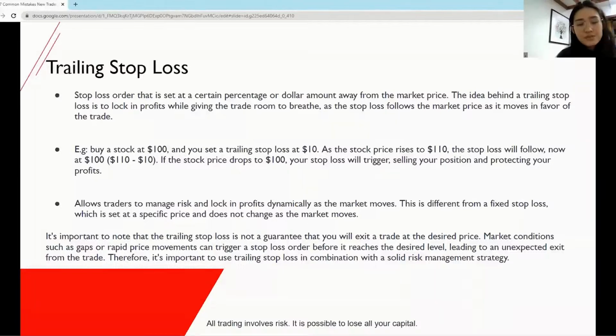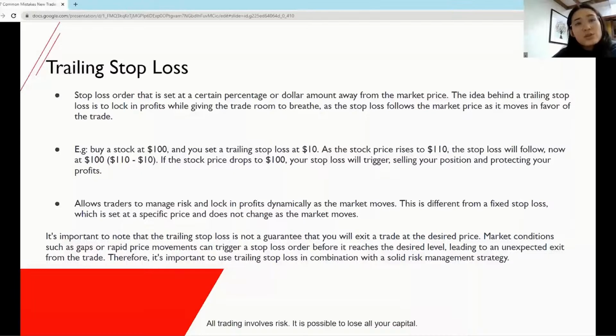So here's how it works. Let's say you buy a stock at $100 and you set a trailing stop loss at $10. So as the stock price rises to $110, the stop loss will follow. Now at $100, 110 minus $10.